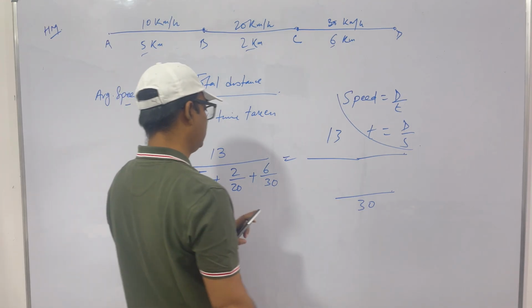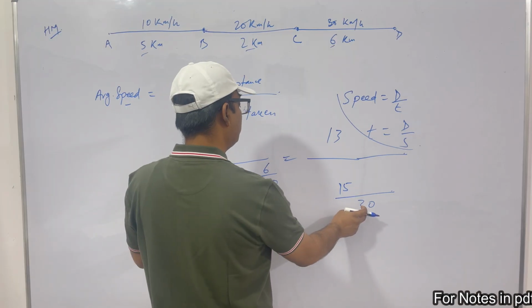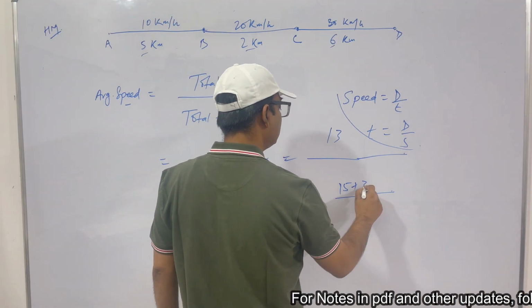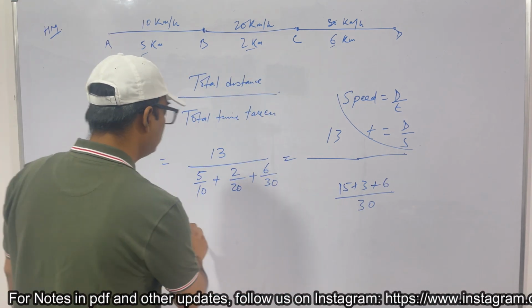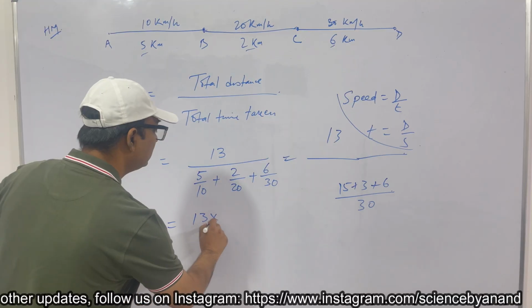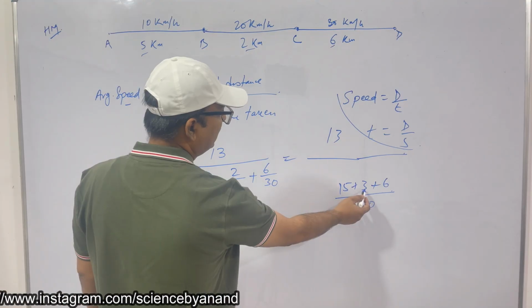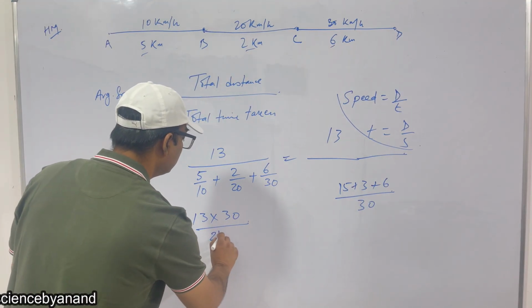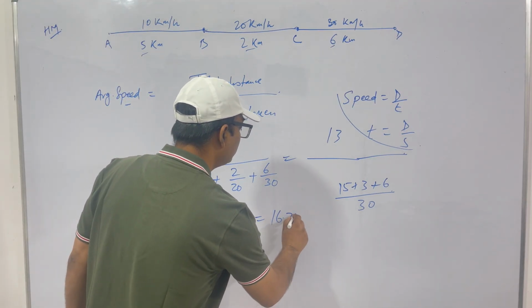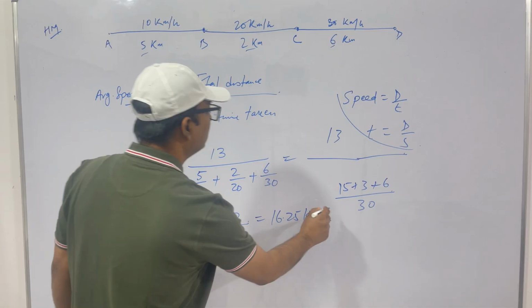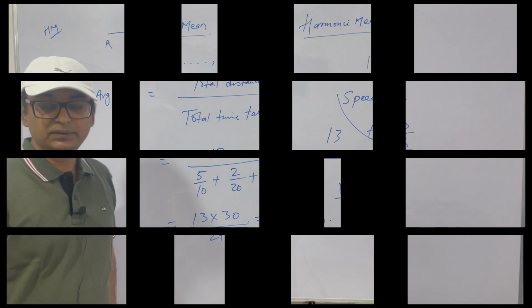So 5 by 10 gives 15, 2 by 20 gives 3, and 6 by 30 gives 6. So this will be equal to 13 into 30 by 15 plus 3, 18, 18 plus 6, 24. So this is 24. It comes to 16.25 kilometers per hour. So this is how we use harmonic mean to find the average speed.